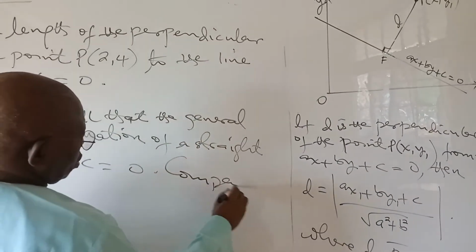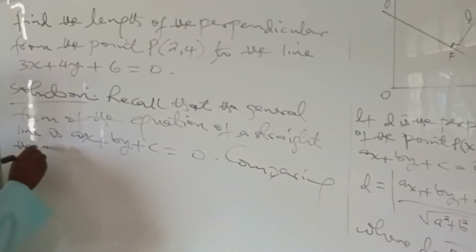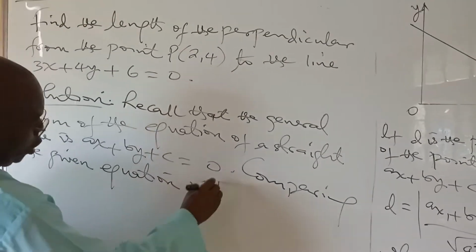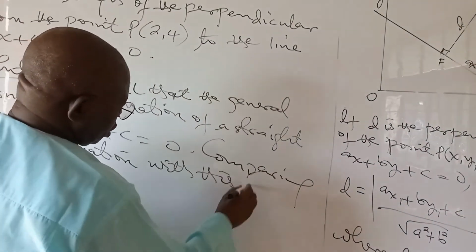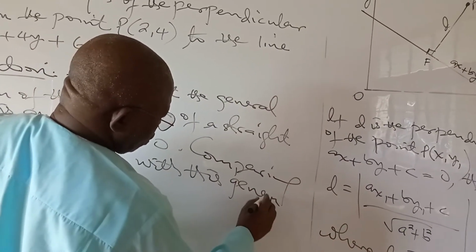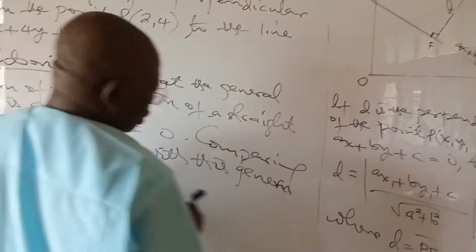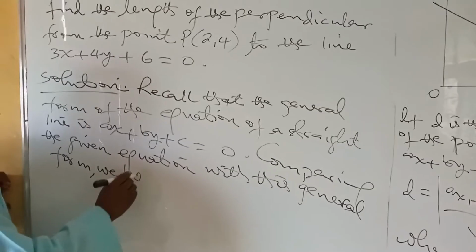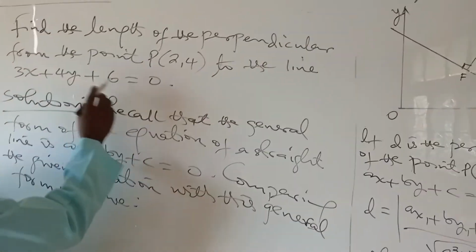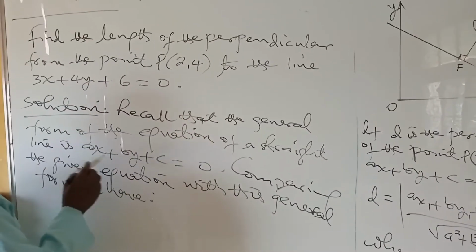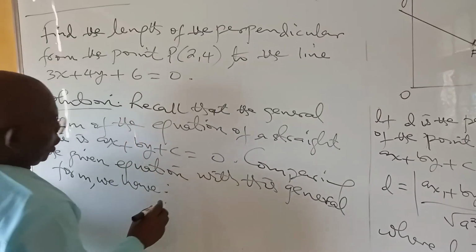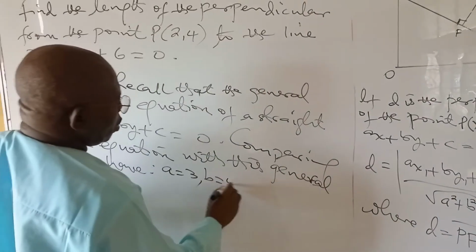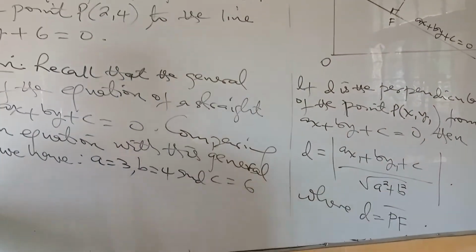Comparing the given equation, 3x plus 4y plus 6 is equals to 0, with this general form ax plus by plus c is equals to 0, we have a equals 3, b equals 4, and c is equals to 6.